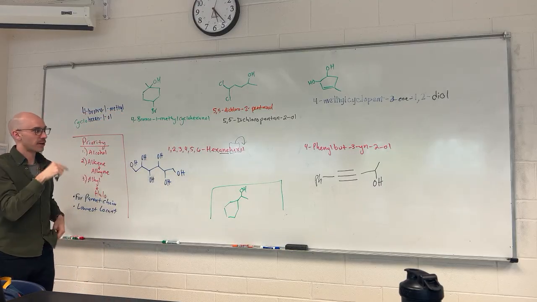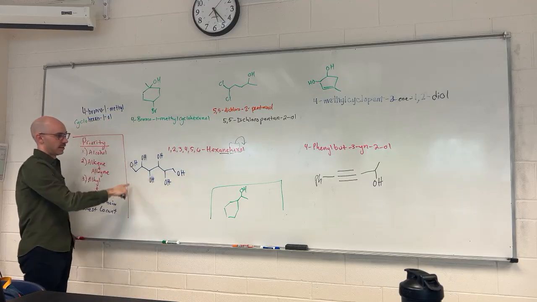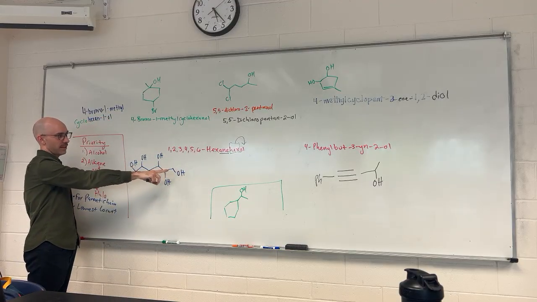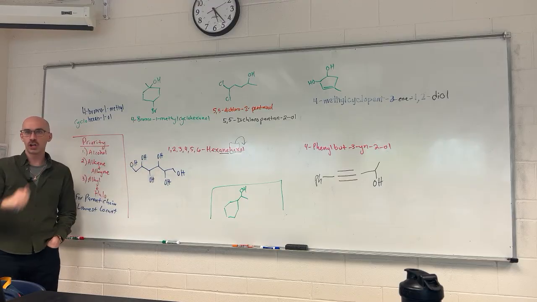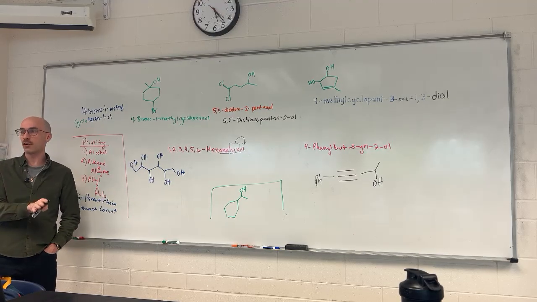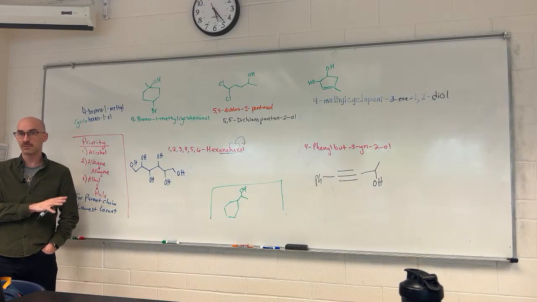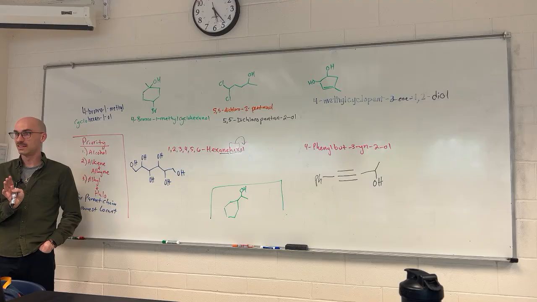Okay, from our drawings, 1, 2, 3, 4, 5, 6, hexane, hexol. So I've got a 6-carbon chain, and I have an alcohol at each of my positions. Notice how the name was not hexanehexol, but the name described the locant of every single alcohol, because there are a lot of structural isomers of hexanehexol.